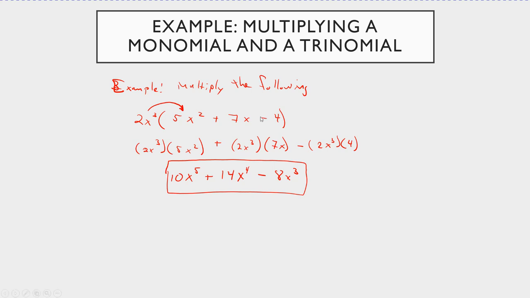All right, now let's step it up. Let's do a little bit of a trickier one. Let's multiply a binomial, so that's a 2-term polynomial, by a trinomial, which is a 3-term polynomial. All right, so multiply the following.